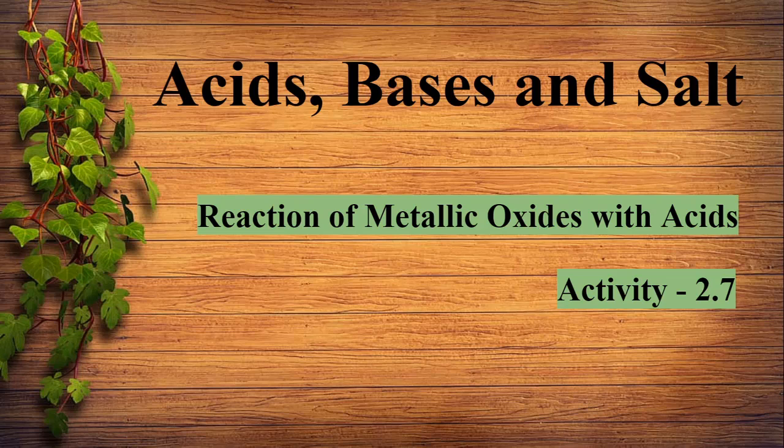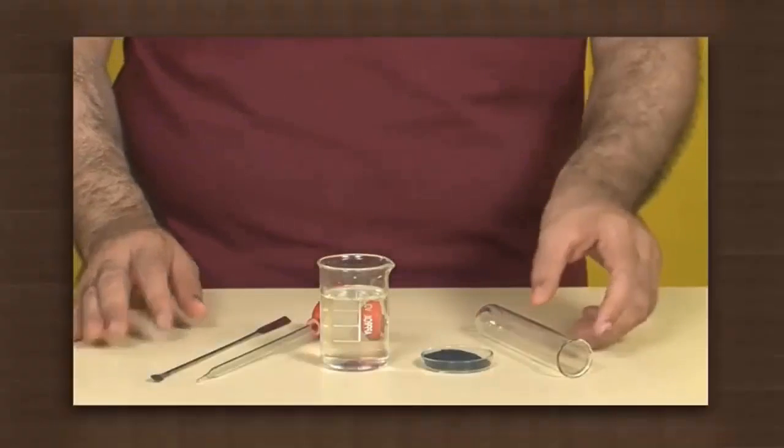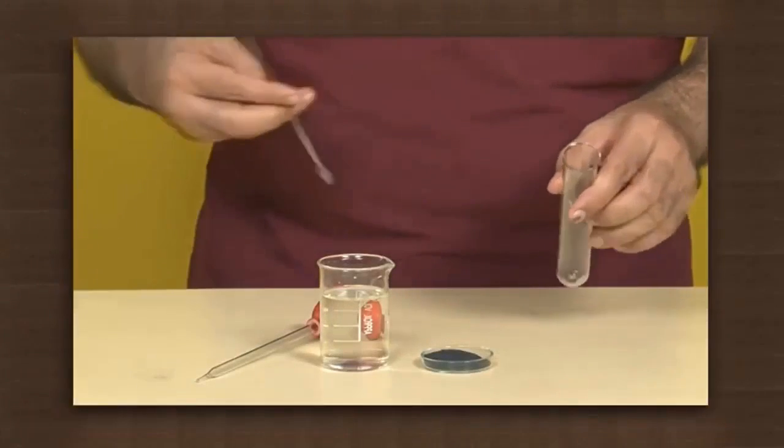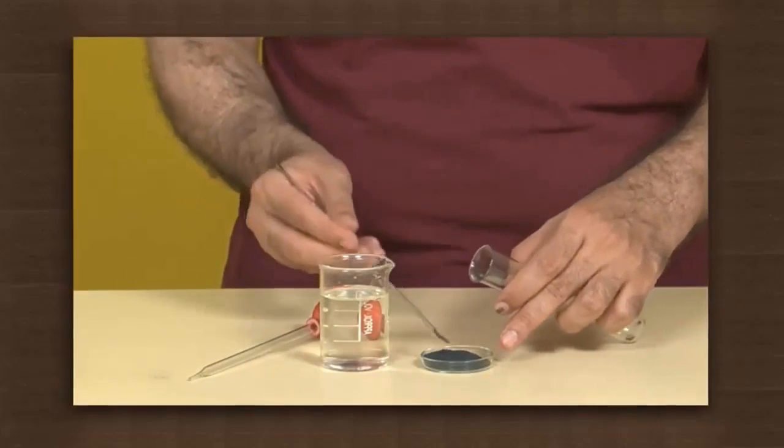In this video we are going to learn the reaction of metallic oxides with acids with the help of activity 2.7. So let us start the activity. Here is the video for this activity. First of all, take a small amount of copper oxide in a test tube or a beaker.